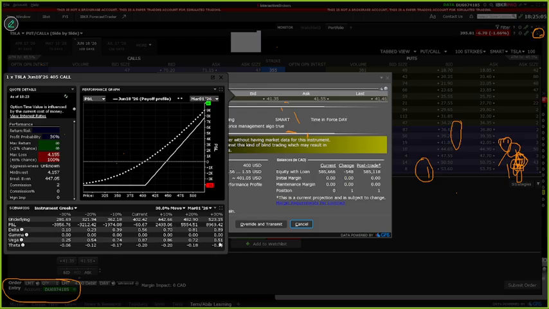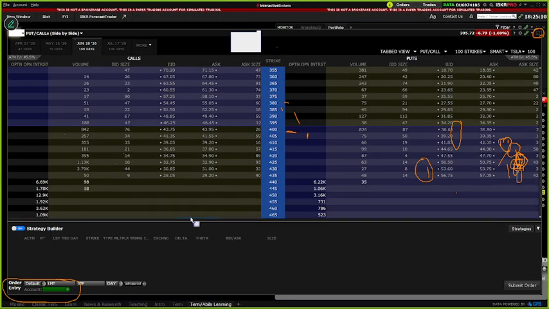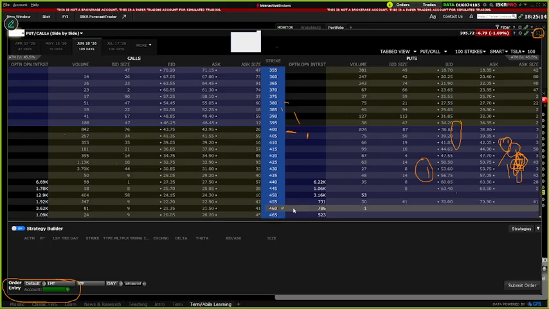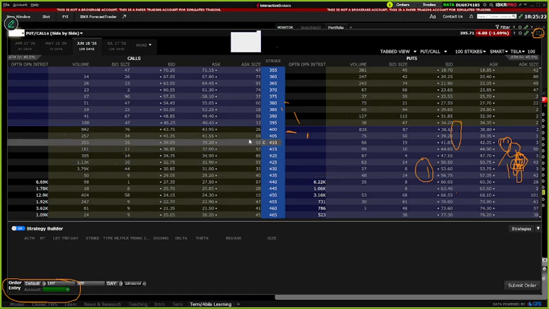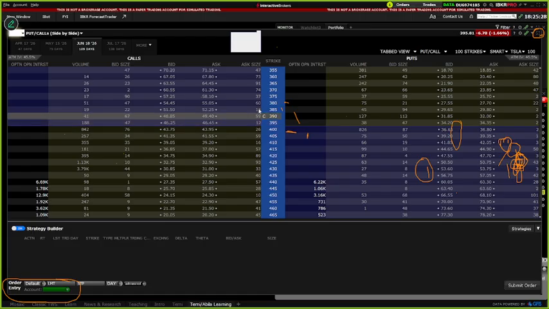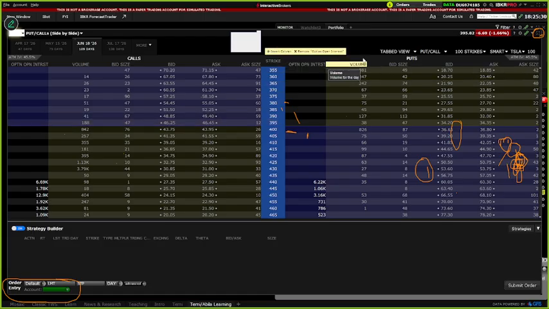Okay. So you say override and transmit. Override and transmit. Say yes. You're not trading with market data, or you have not done market data, so it's not showing.